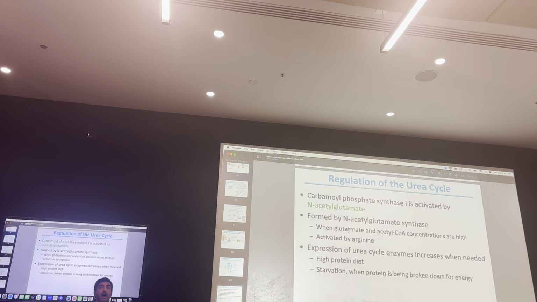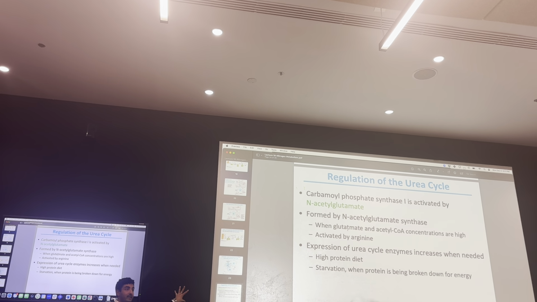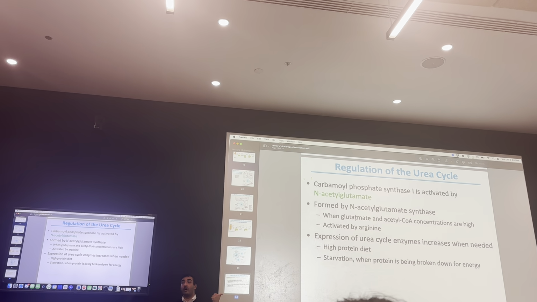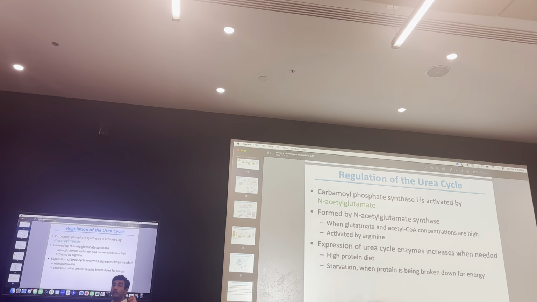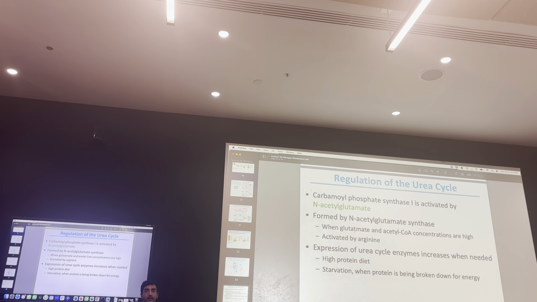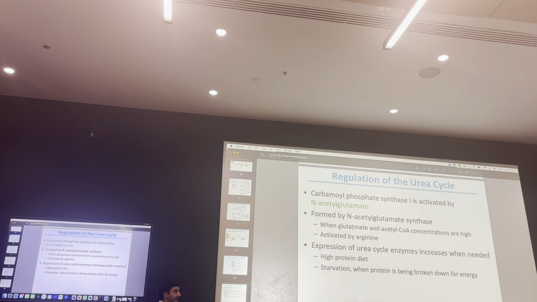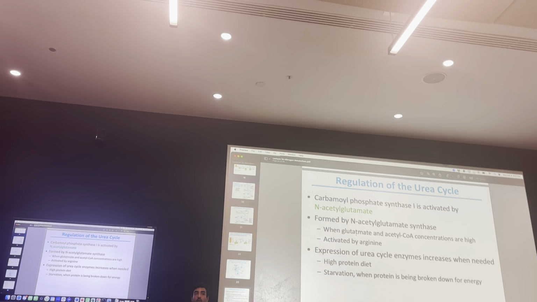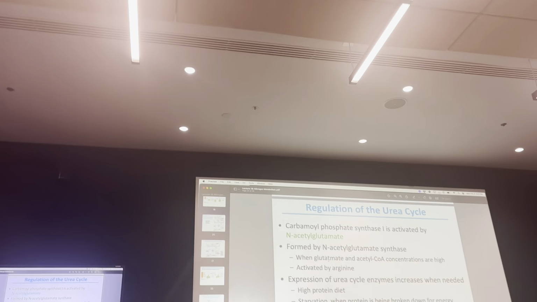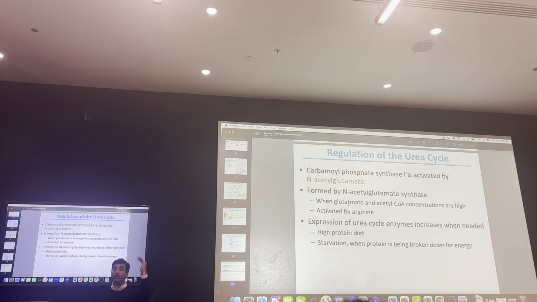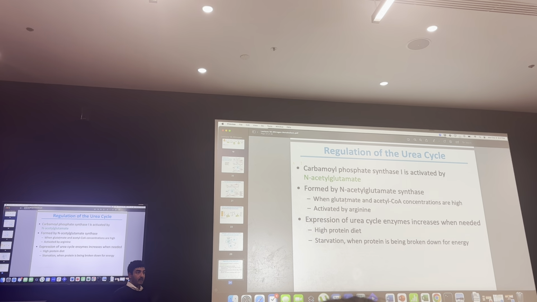Remember, we start out with glutamate even before the urea cycle really begins. So our accumulation of arginine says, we need a green light, and that green light says, let's synthesize N-acetylglutamate. That N-acetylglutamate is in itself a green light to carbamoyl phosphate synthetase, which says we need to get rid of all these other nitrogens. So there are several layers of regulation here, and you should be familiar with all of them for this enzyme.